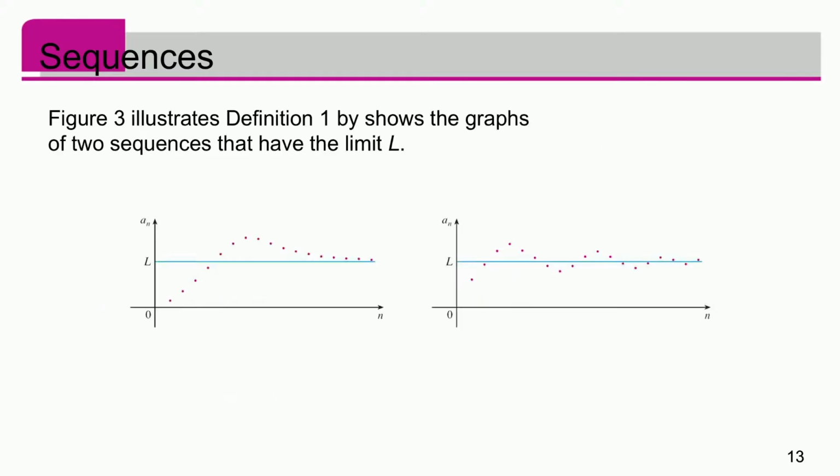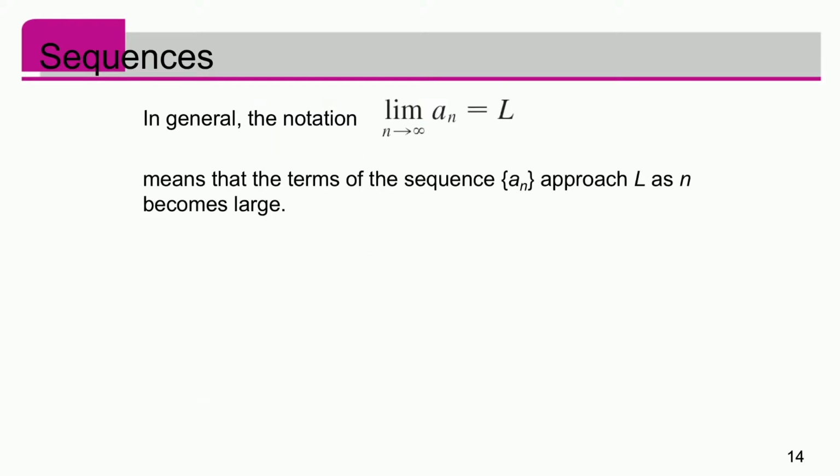So here's just a couple of illustrations before we get back to limits. If you have a limit, there's different ways that you could approach a limit. You could have your sequence go up above the limit and then kind of fall back down. You could have a sequence that kind of oscillates like this, but eventually gets to that limit. So there's different ways that you could end up at a limit. And so this is our general notation.